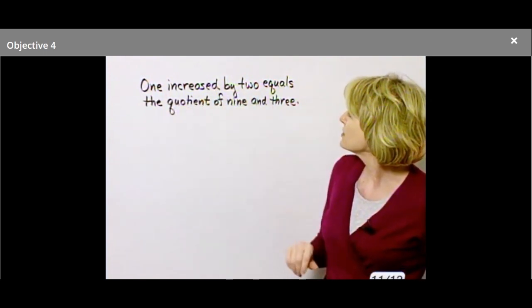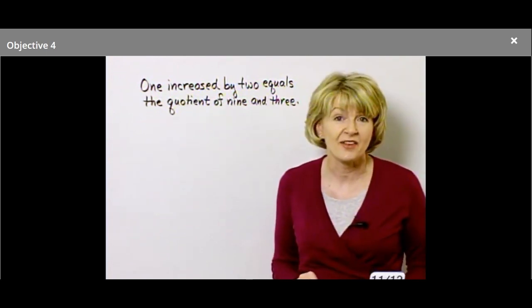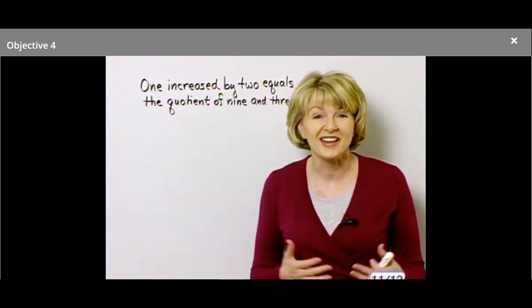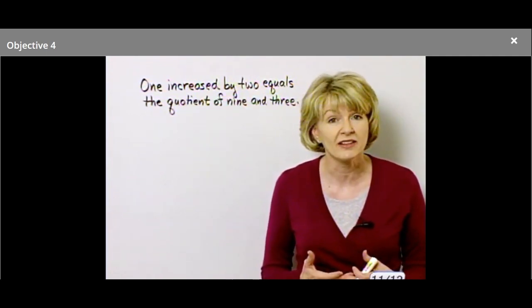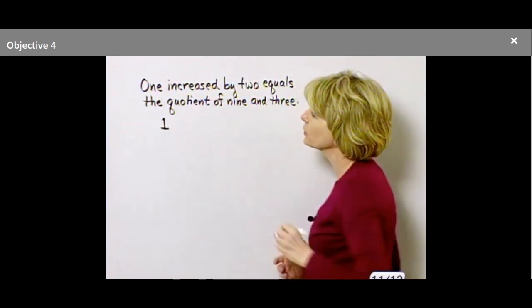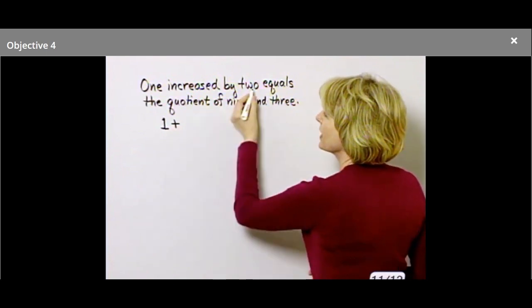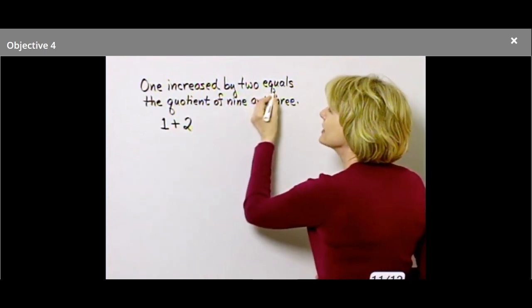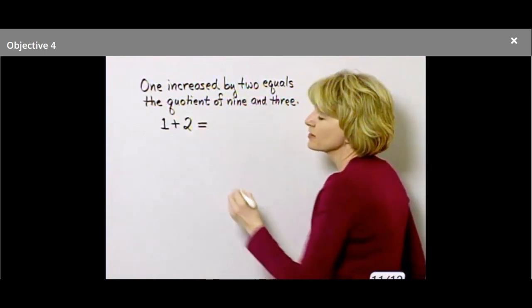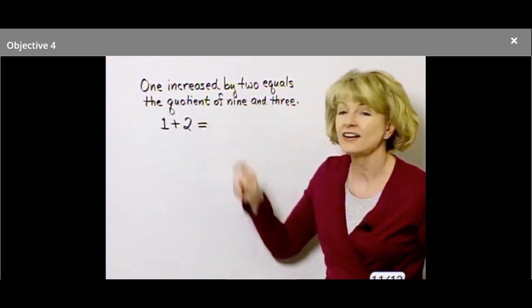1 increased by 2 equals the quotient of 9 and 3. Well, there is no unknown number here, so let's just translate. 1. What does increased by mean again? That's addition. Increased by 2 equals, there's our is equal to symbol, equals the quotient of.